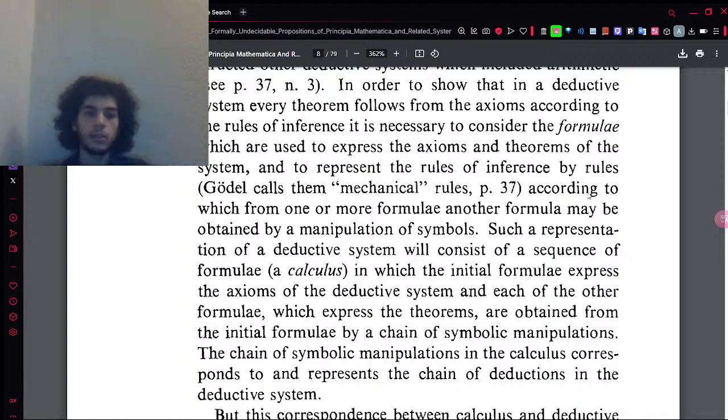Such a representation of a deductive system will consist of a sequence of formulae, a calculus, in which the initial formulae express the axioms of the deductive system and each of the other formulae, which express the theorems, are obtained from the initial formulae by a chain of symbolic manipulations.